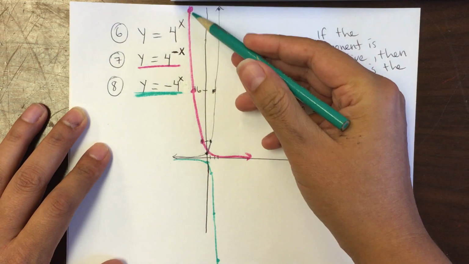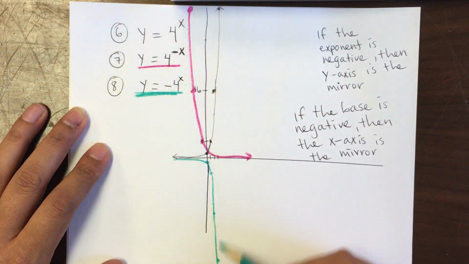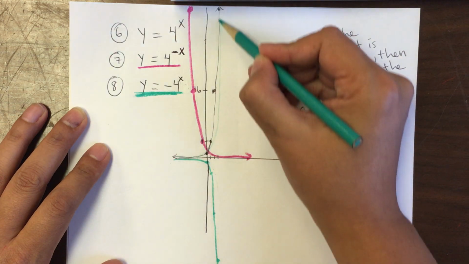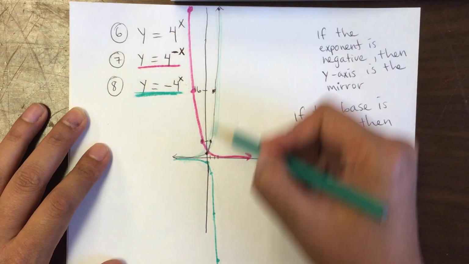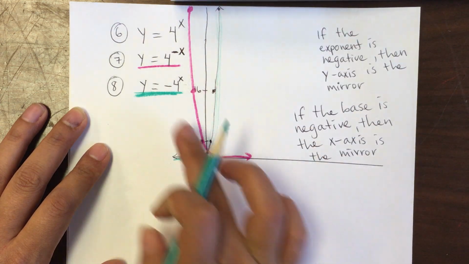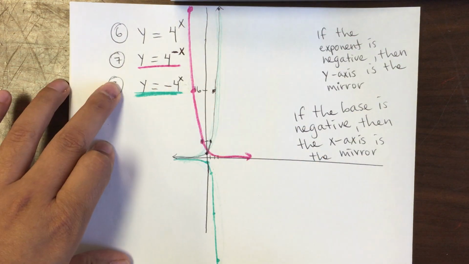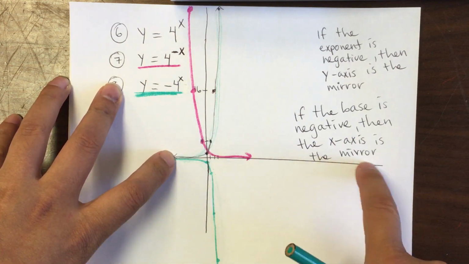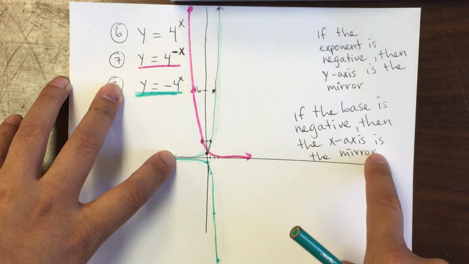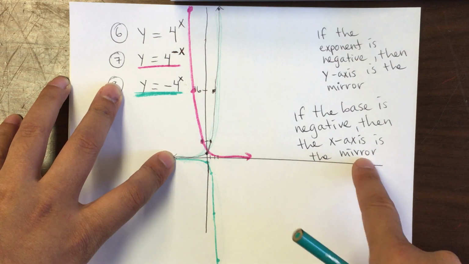Okay, so don't let this other one confuse you, because this is the reflection of this original one. Okay, this is the two that are reflecting for number 8, because the base is reflecting on the x-axis.